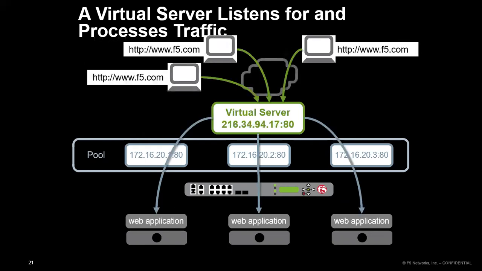Based on the resource being requested, the F5 sends the request, based on the load balancing method configured on the virtual server, to the pool members behind it.